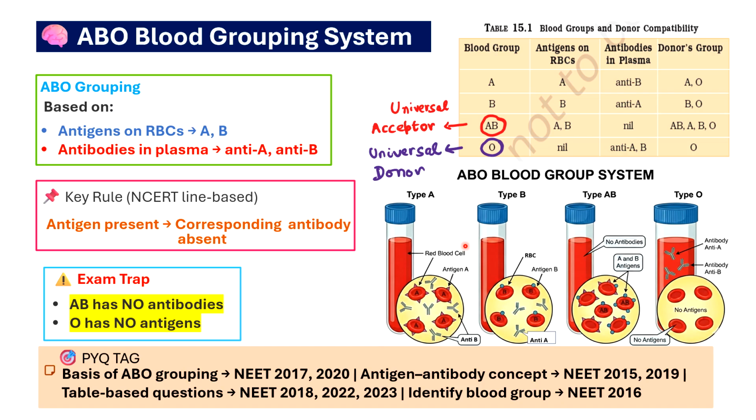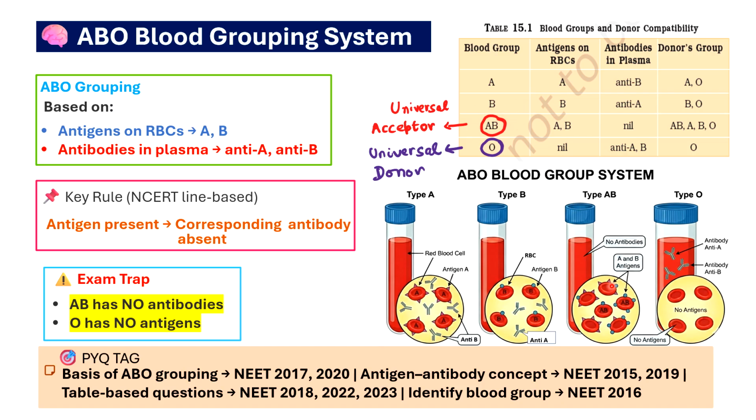So if you see, type A has antigen A on the RBC surface and type AB also has antigen A on the RBC surface. So a type B person can accept blood from a B type as well as an O type person. Why O type person? Again, O type person does not have any antigens on the RBC surface. Is that clear? Now let's look at AB type.